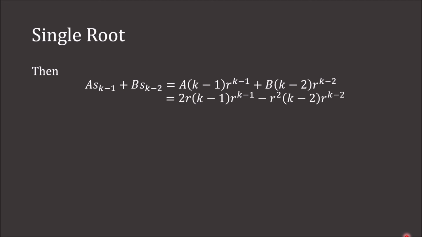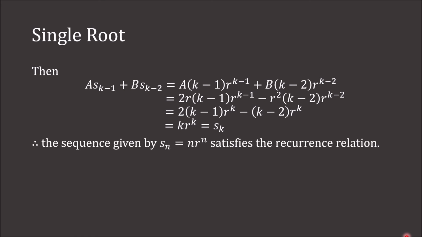This would be 2r times (k minus 1) times r to the k minus 1 minus r squared times (k minus 2) times r to the k minus 2, which is 2 times (k minus 1) times r to the k minus (k minus 2) times r to the k. Simplifying this, we get k times r to the k, which equals s sub k. Thus, the sequence given by s sub n equals n r to the n satisfies this recurrence relation.